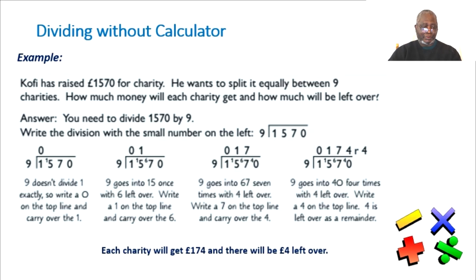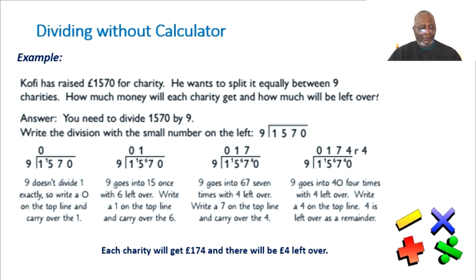Let's look at this example. Again, there's a lot to read, but don't be put off by that. Look at the example, which is the problem, and then look at how you lay out your work when you want to write your answer.